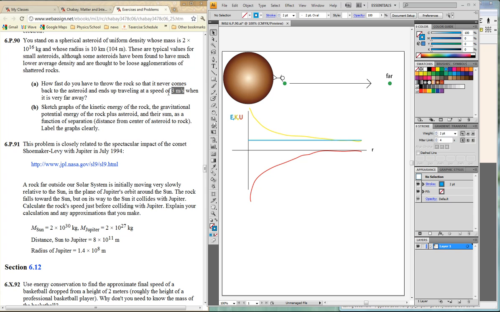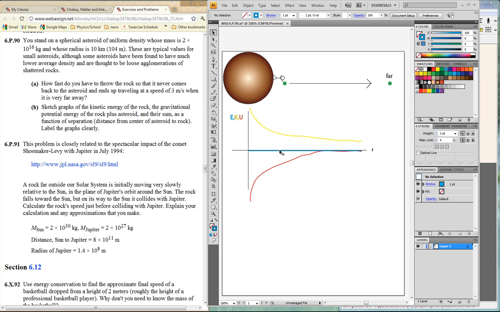We could easily consider this problem for the case that it ends up traveling at 0 meters per second, so that it just barely escapes instead of having some leftover energy after escaping. And all we would have to do to show that would be to take our total energy and move it to 0, because if it's slow and far away, that means 0 total energy.